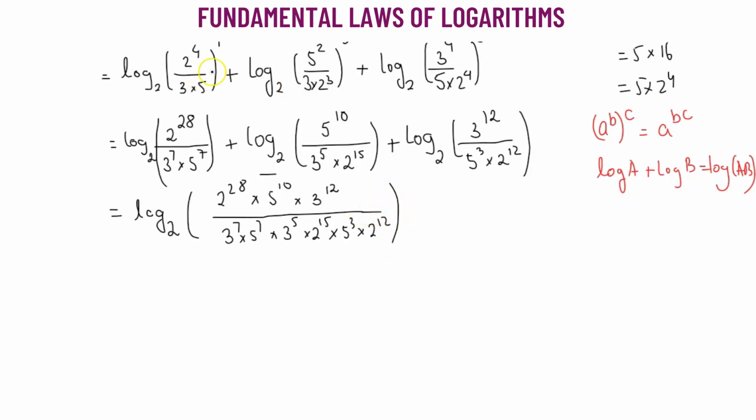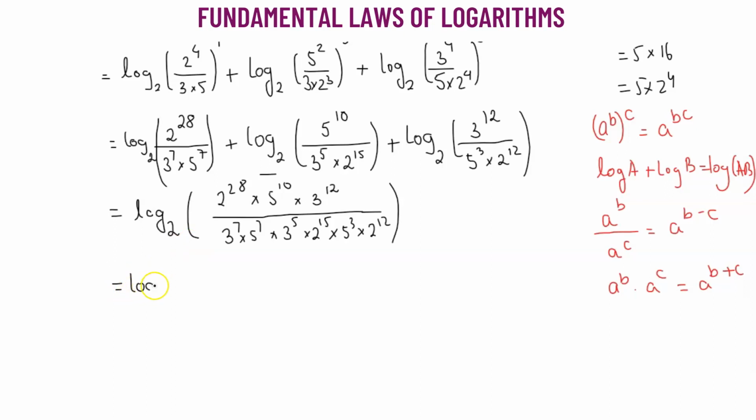And we can use our law of indices, which is if we have a raised to the power of b divided by a raised to the power of c, that will become a raised to the power of b minus c. And also if we have a raised to the power of b times a raised to the power of c, that will be a raised to the power of b plus c.